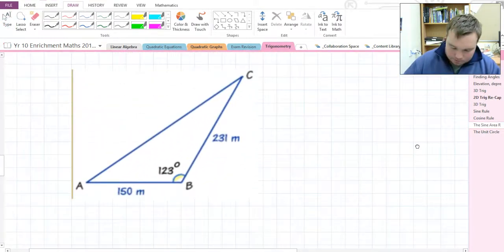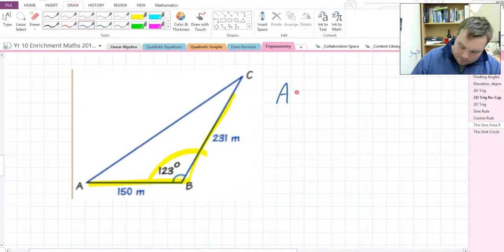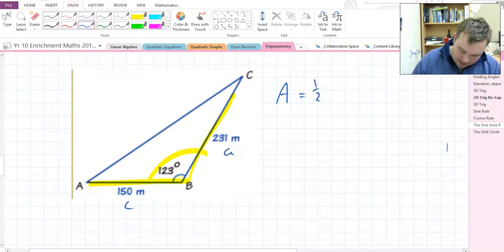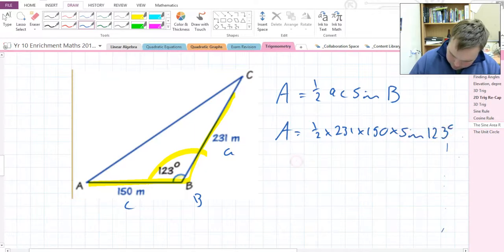So in an example, if we're given two sides and the angle in between them, we can say area is a half, in this case this side is called C, this is A, that angle is B, a half AC sine B. Area equals a half times 231 times 150 times sine 123 degrees.